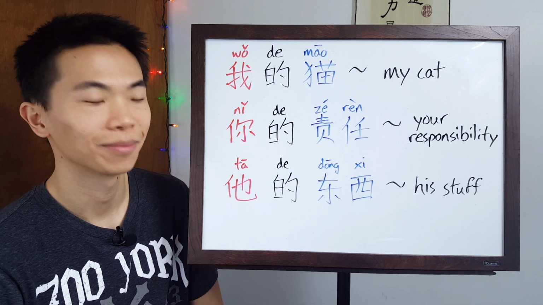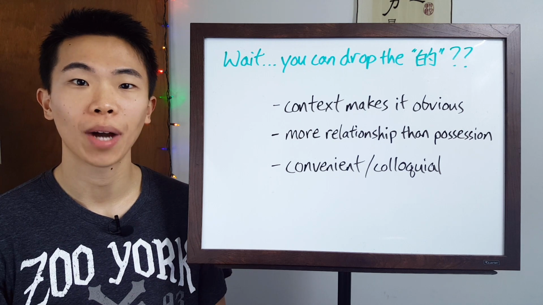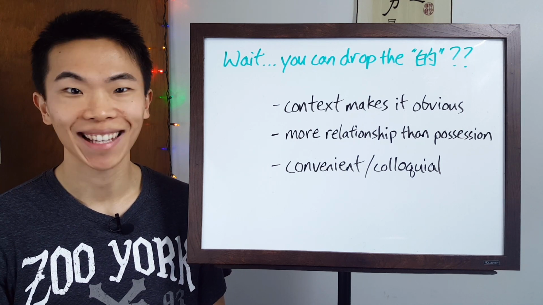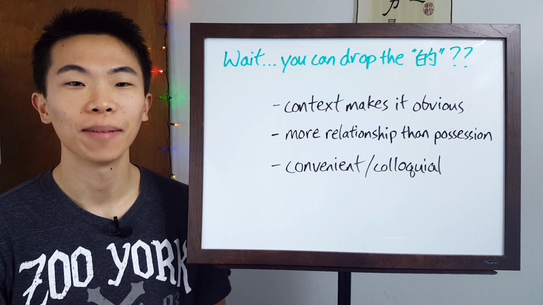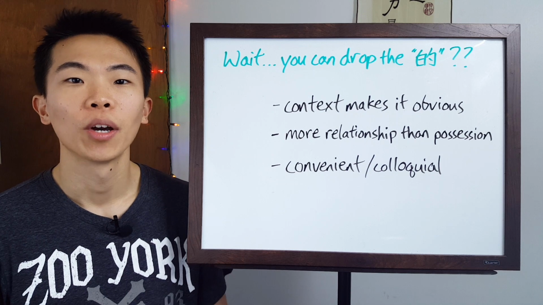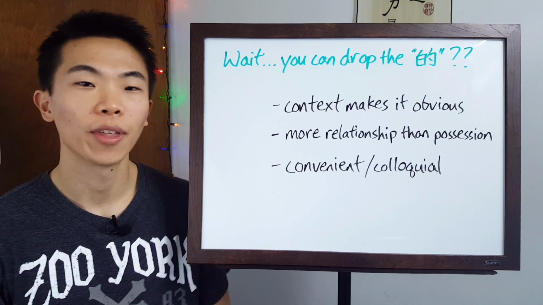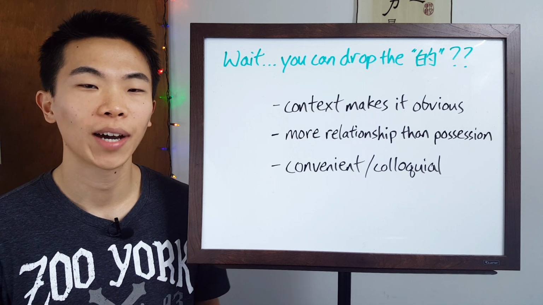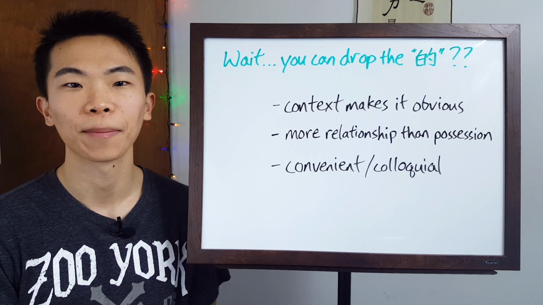Arbitrary, his stuff. 他的东西. Wait, you can drop the 的? Yes. Under some situations, you can drop the 的 and it would still sound and mean more or less the same thing. Some of these situations include when the context makes it obvious, when it's more of a relationship than it is a possession, and finally, when it has become colloquial or just convenient to say.